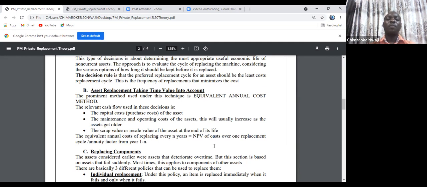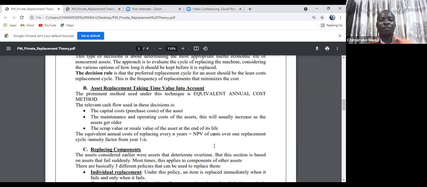If you are going to replace the asset in 3 years' time, what is the equivalent annual cost you will be making each year? So whichever gives you the lowest equivalent annual cost, that is the one that you are going to accept. So that's what we are going to be doing.